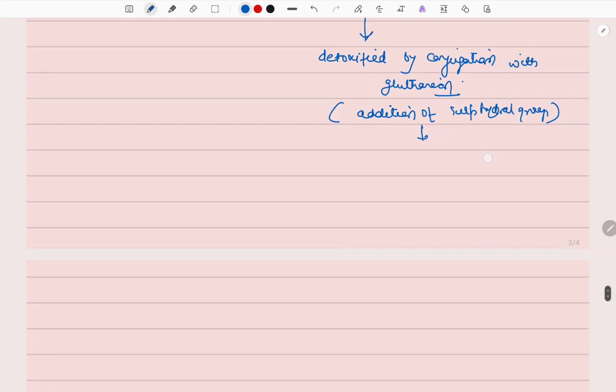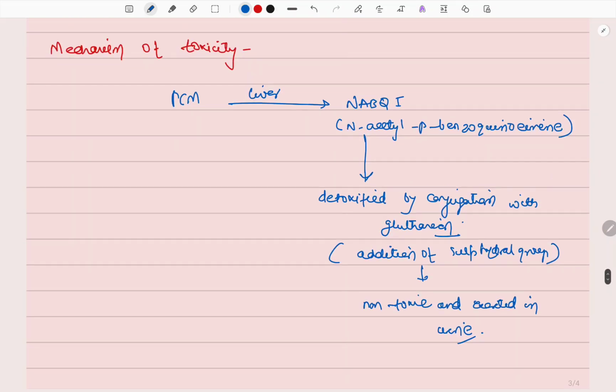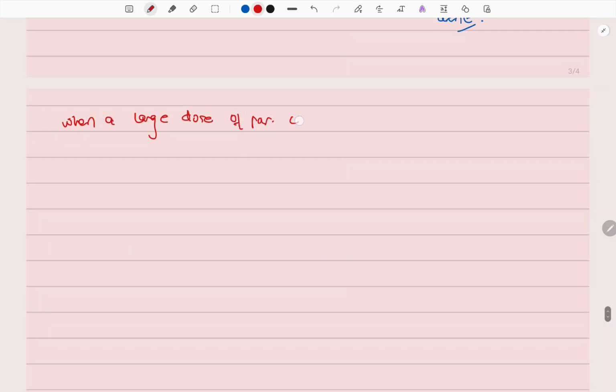But the liver has a limited capacity to detoxify NAPQI. When a very large dose of paracetamol is taken, what happens? The glucuronidation capacity gets saturated.